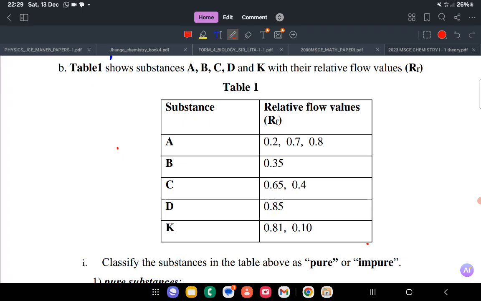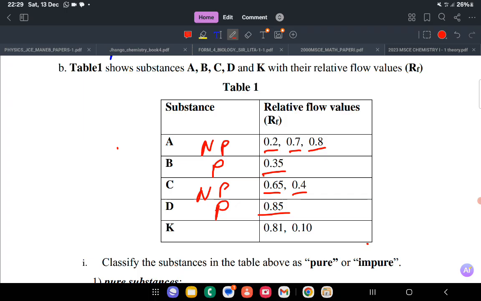Therefore, A is not pure. Why? Because it has 3 values. B is pure because it only has 1. C is not pure because it has 2. D is pure because it only has 1 relative flow value.